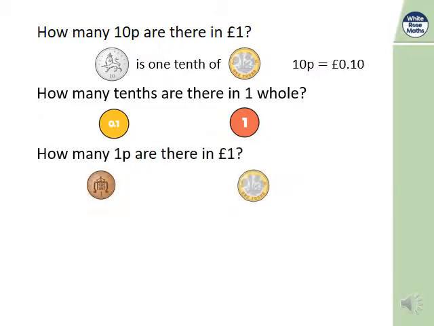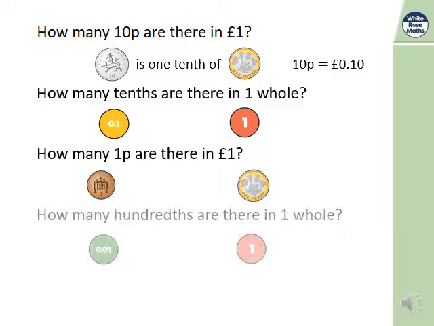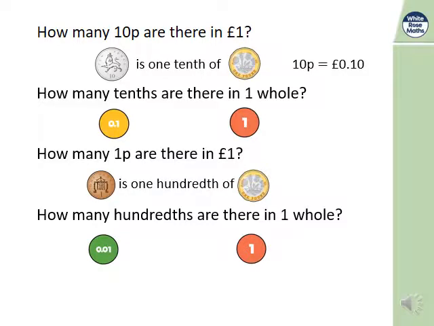How many 1p's are there in £1? If we ask how many hundredths are there in one whole, it means the same in money. 1p is 1/100th of £1. So 1p as a decimal would be £0.01.